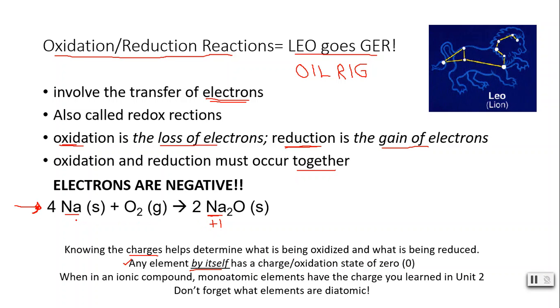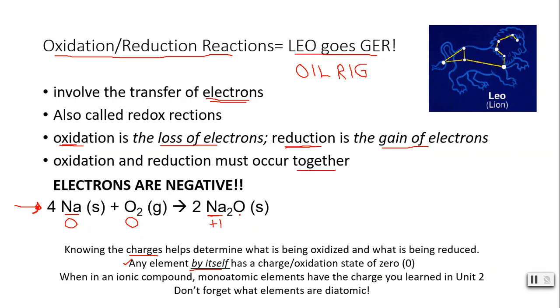So on my reactant side, sodium is an element by itself. What is its charge? It has a charge of 0. Same goes for oxygen as well. Any element by itself has a charge of 0, so oxygen as a reactant has a charge of 0.